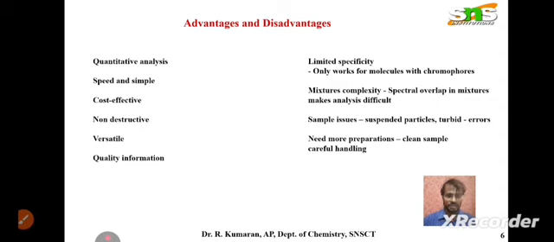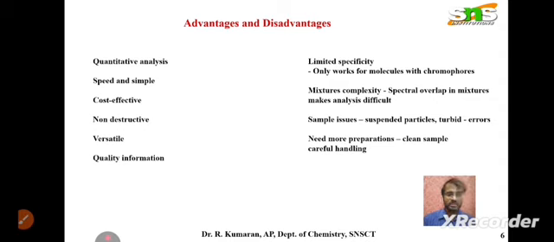That's why it shows speed and simplicity, and it costs much less compared to other big techniques. That's why it is cost effective and non-destructive. It is very familiar and versatile. We can go through all compounds, the prepared materials, metal, magnetic, metal oxide, nano-based materials through UV.